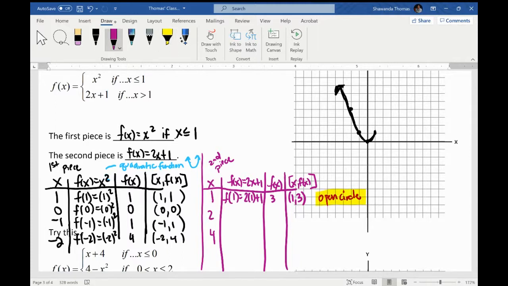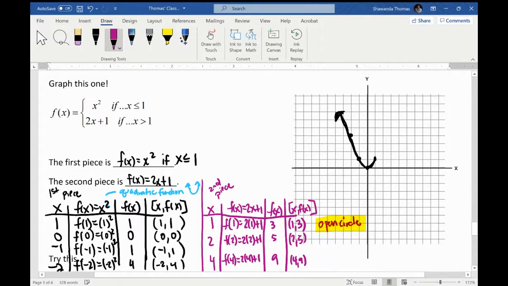All right. f of 2, 2 times 2 plus 1. 5. Okay. Someone other than Kenneth, Alicia, Ashley, and Christina, plug in 4 and tell me what you get. 9. 2 times 4 plus 1 is 9. So 4, 9. All right, great.